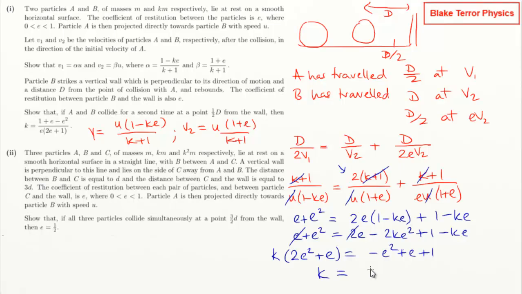So k is going to be, is that what they've got? Yeah, that is what they've got. They've just written it as a(1 + e − e²), so put it in that order, and then factorise the e, 2e + 1. Okay, so that's dropped out okay as well. So that's the first part of the question done.